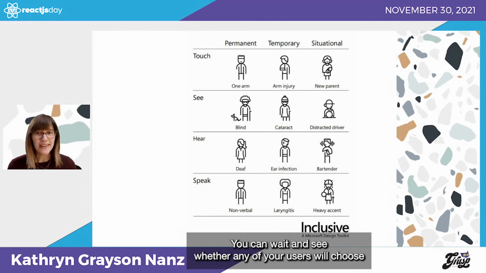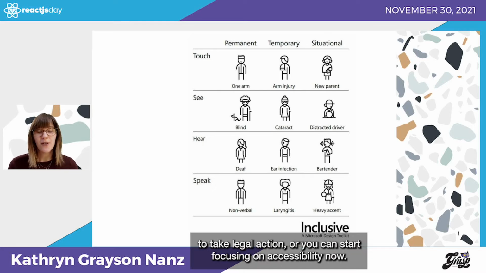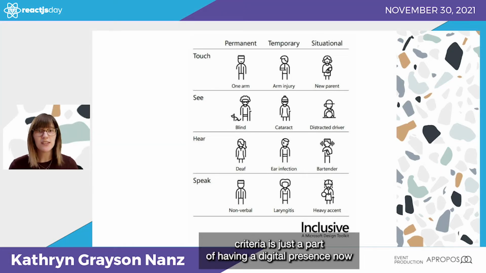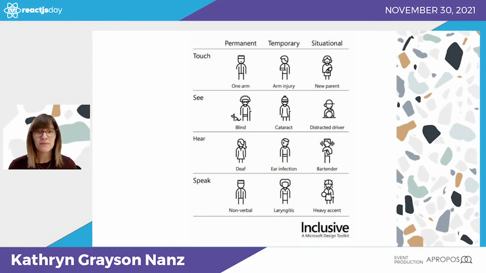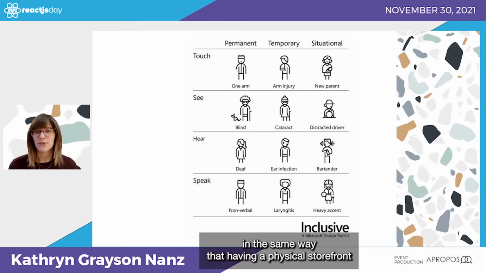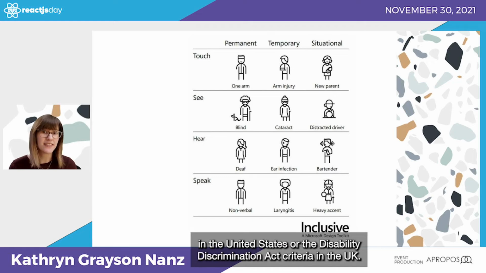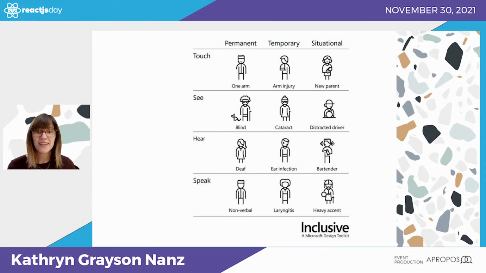You can wait and see whether any of your users will choose to take legal action, or you can start focusing on accessibility now. Accessibility and meeting the Web Content Accessibility Guidelines criteria is just a part of having a digital presence now, in the same way that having a physical storefront would require you to meet the Americans with Disabilities Act criteria in the United States, or the Disability Discrimination Act criteria in the UK.